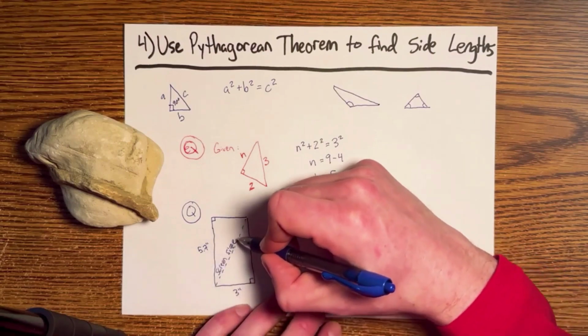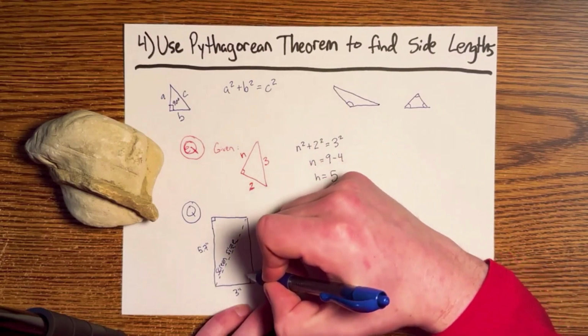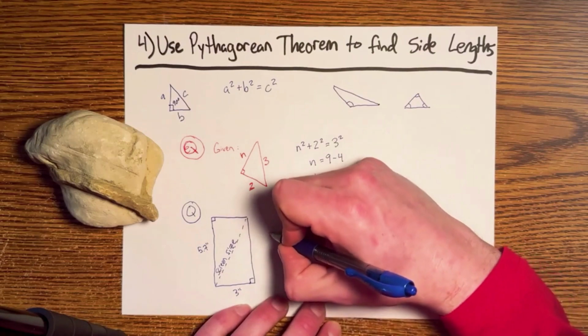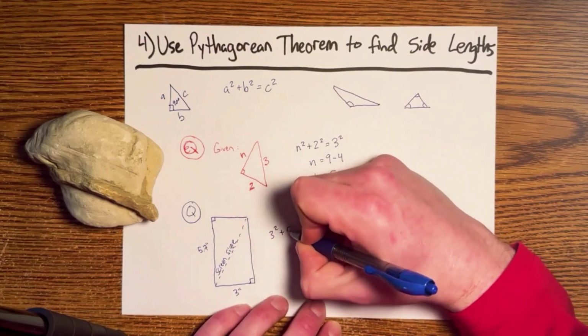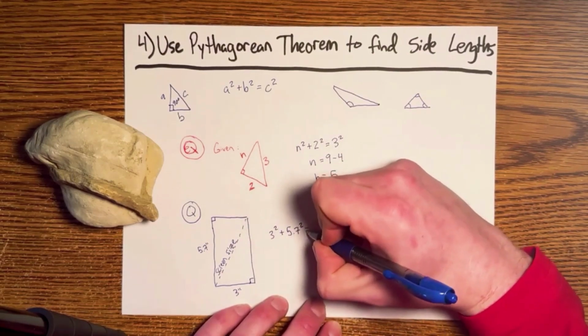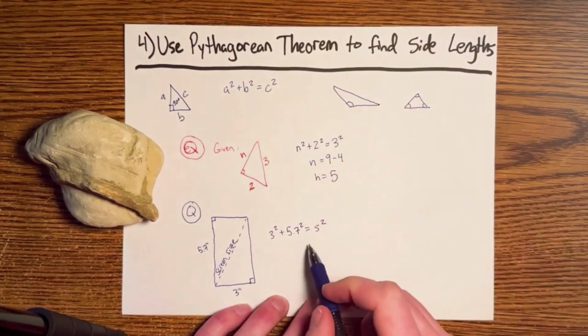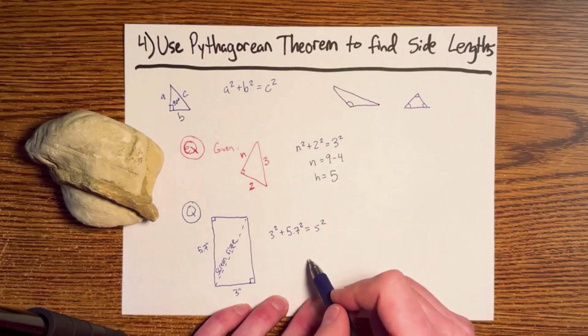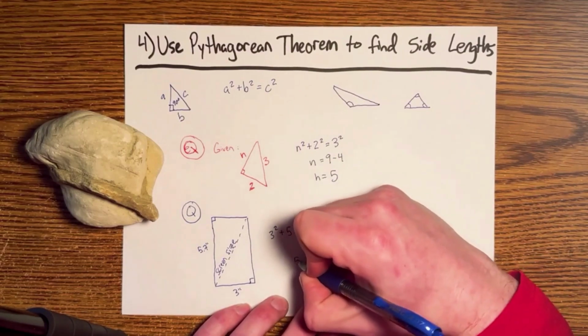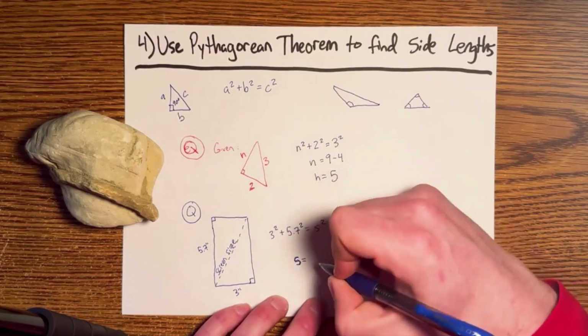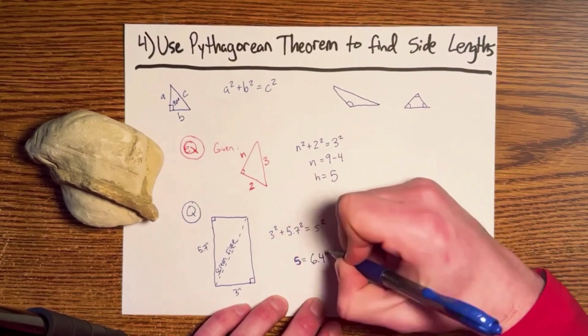So we're looking for the length opposite the 90-degree angle. And so we'll have 3 squared plus 5.7 squared equals that screen size, let's call it s squared. And we'll follow through just like we did up here to simplify and find that s, the screen size, is equal to 6.4 inches.